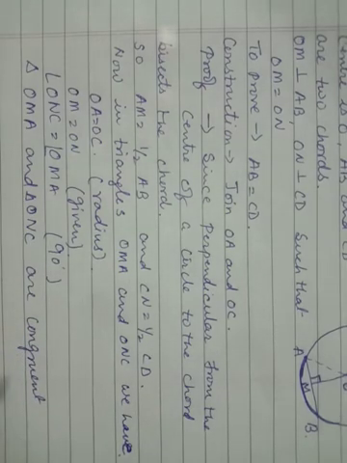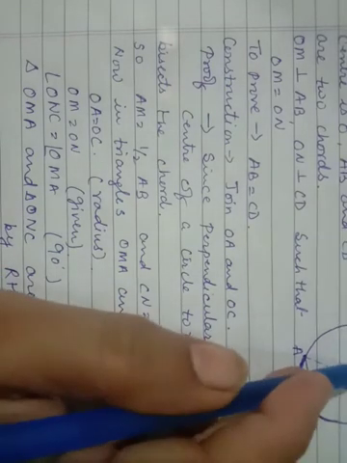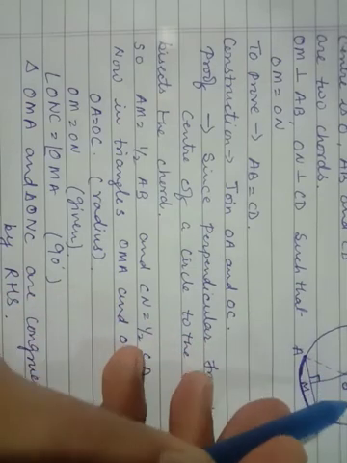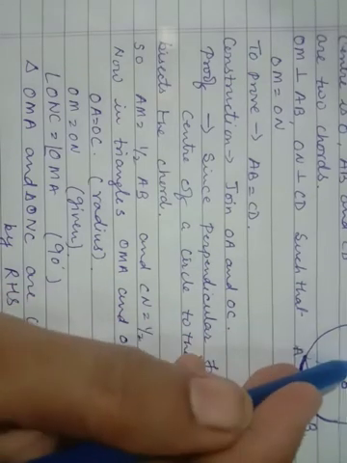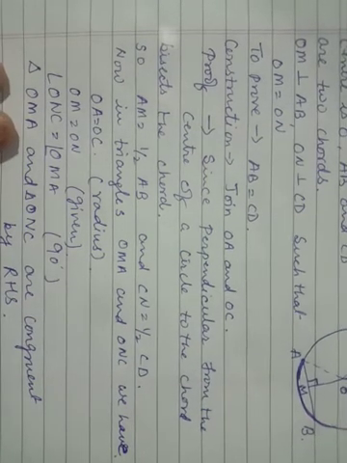By which congruency? By RHS. You can see this 90 degrees we are using, this side we are taking, and OA and OC are the hypotenuse. So these are congruent by RHS.